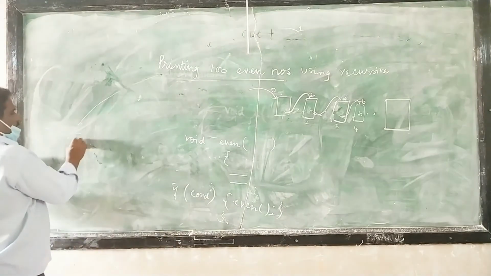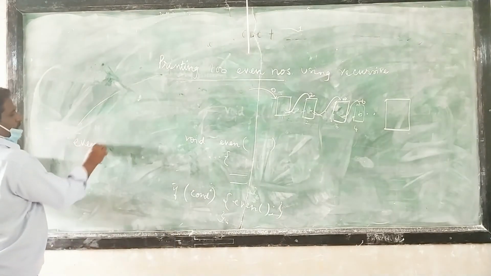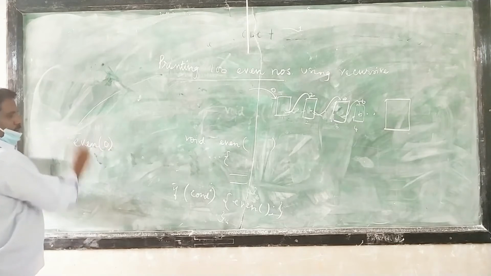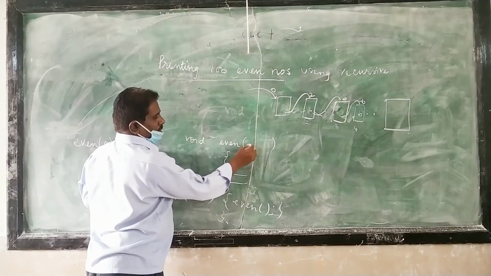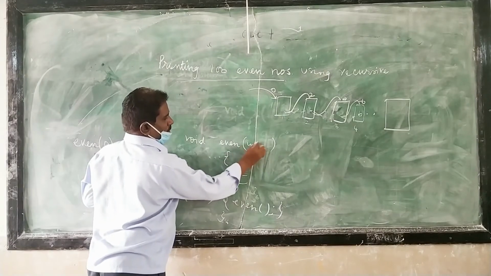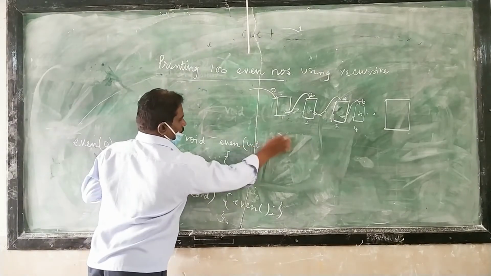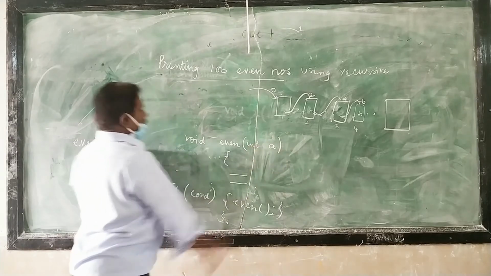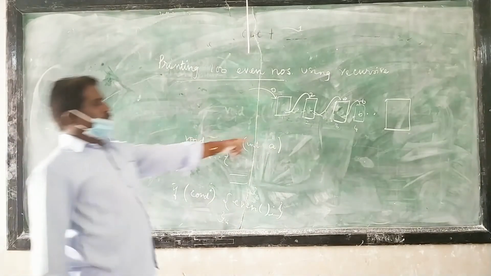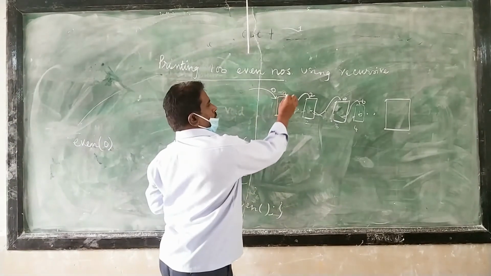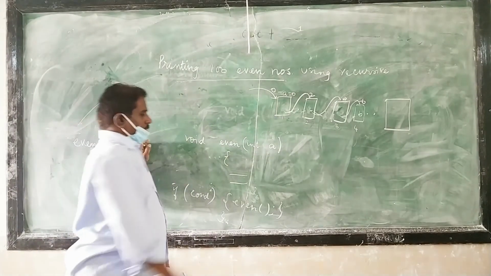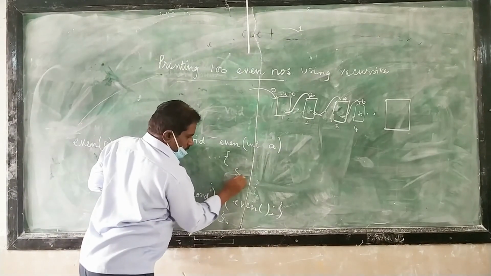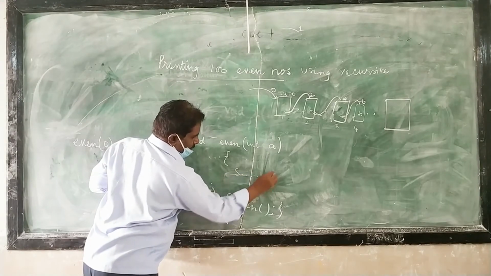So first time, from the main program, I will send 0 to even. Here it is integer a, so 0 will be received in a equal to 0. What am I going to do? I have to print System.out.println(a).